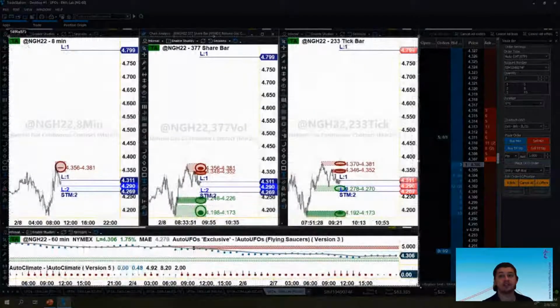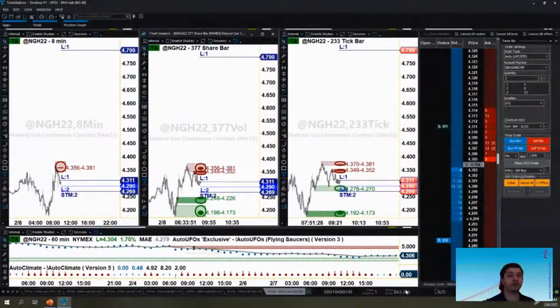That's our nat gas 2022 0208. And this is the NG 60-minute setup. That's nat gas.